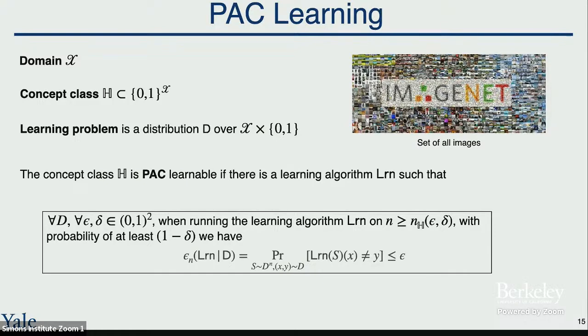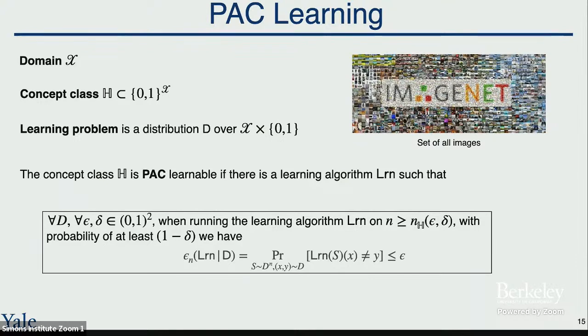We say that the concept class H is PAC learnable if there exists a learning algorithm with the following property: for any distribution D and any numbers epsilon and delta between 0 and 1, when we run the algorithm on n data points, where n depends on epsilon and delta, with probability 1 minus delta, the risk is at most epsilon.